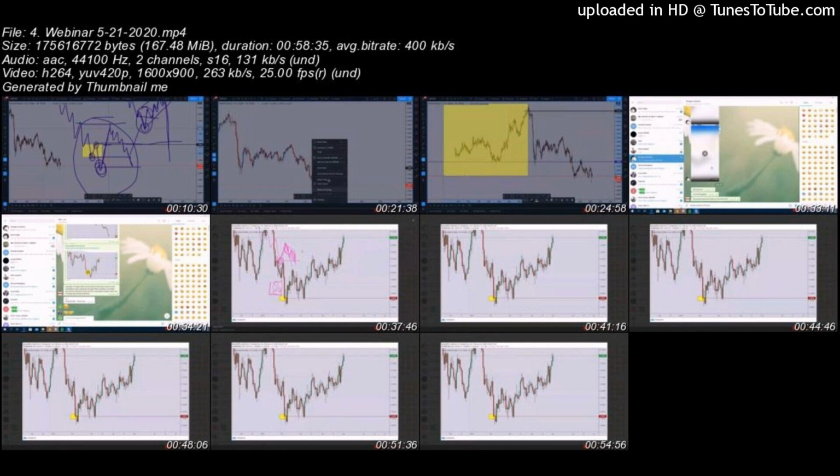Okay, so if we look at this price structure, we see that price was making a series of highs and lows, higher high and higher low, higher high, higher low, higher high, okay. Then we had a strong impulse, okay, and we know that if we had an uptrend, then we get a strong impulse that breaks the previous highs and lows.